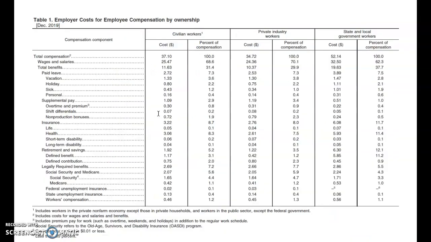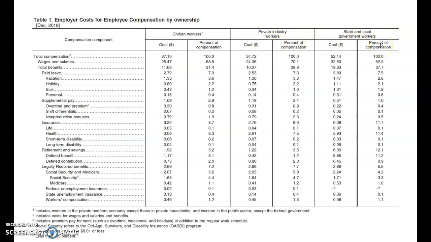Okay, let's now take a look at the first table. This is showing the breakdown of compensation by compensation category here, and then by workers. So you've got civilian workers and the costs in dollar terms and percent of compensation, and then private industry workers, same breakdown here, and then state and local government workers.